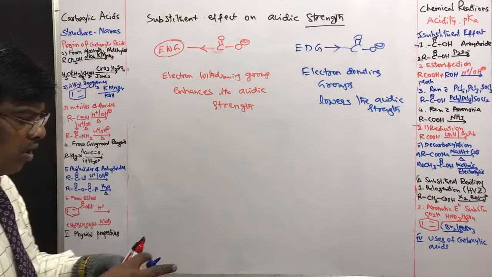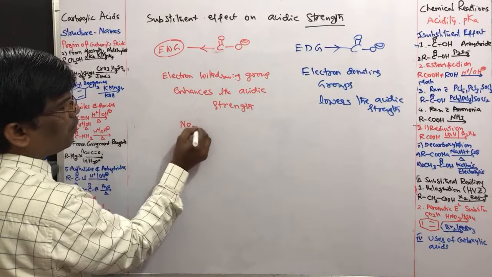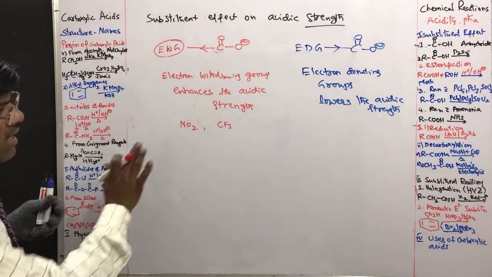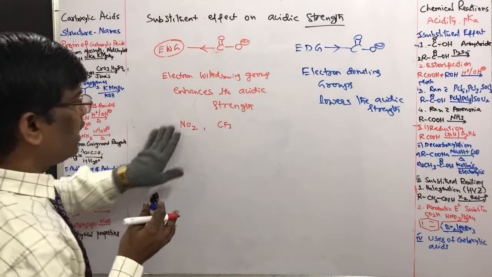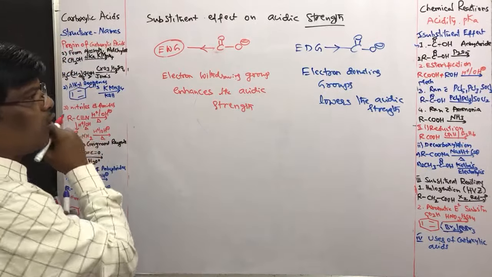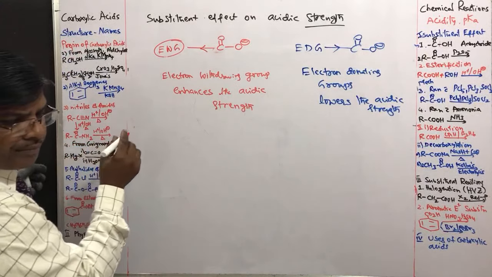For example, electron withdrawing groups are the nitro group, the CF3 group, like that. And there is an order where you can find how electron donating or withdrawing groups are going to affect. Let me take the order.